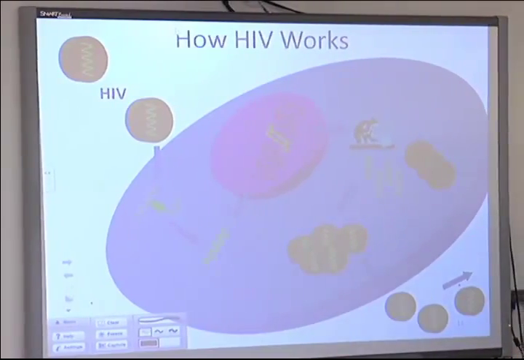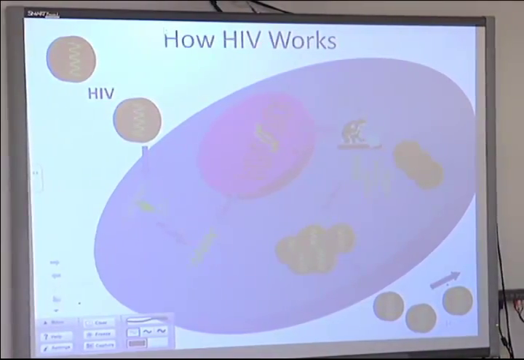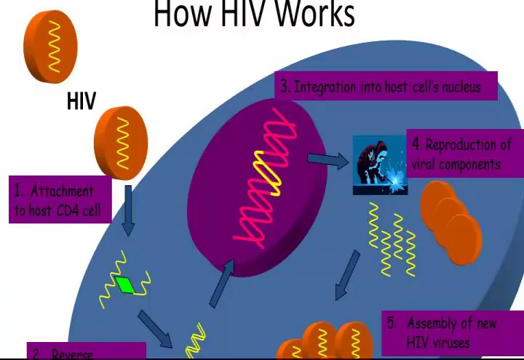So how exactly does HIV work? Okay, first, HIV attaches to the host CD4 cell, or T cell. So this whole thing is a T cell, or CD4 cell. Then it uses reverse transcriptase to make DNA from the virus's RNA.